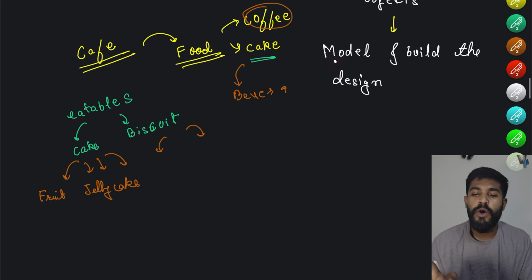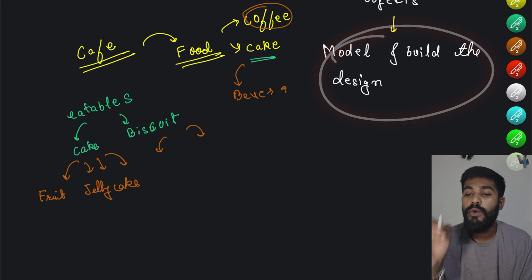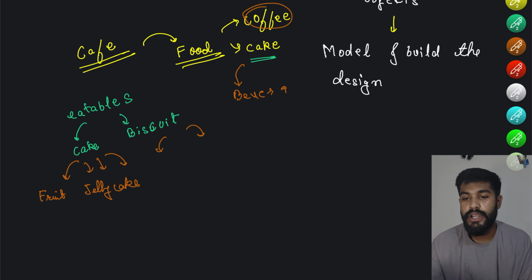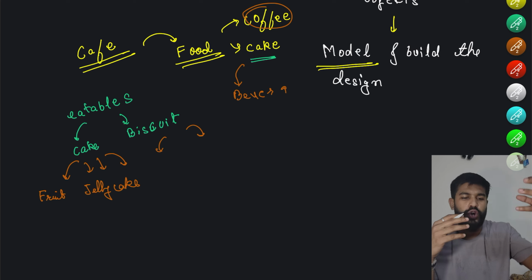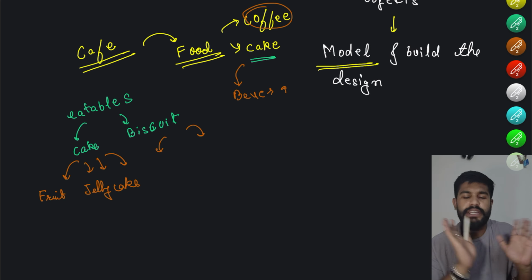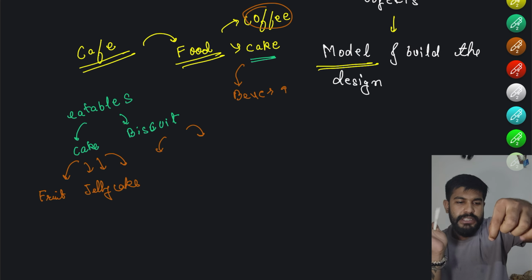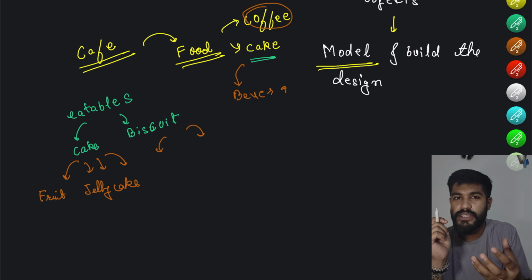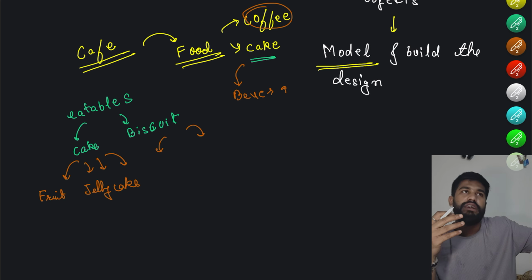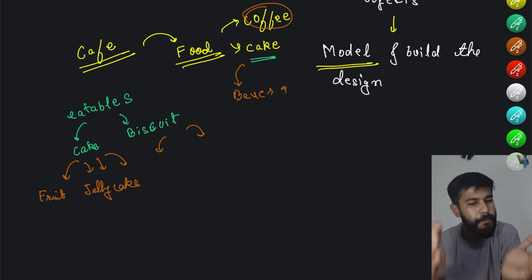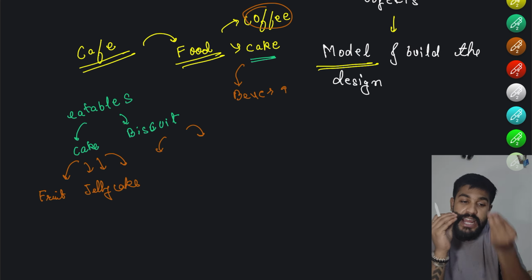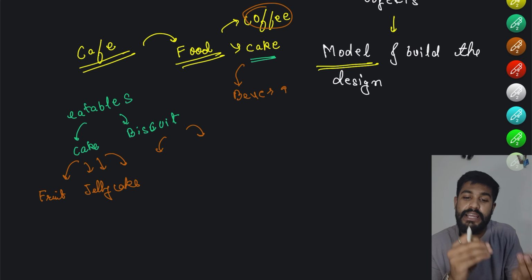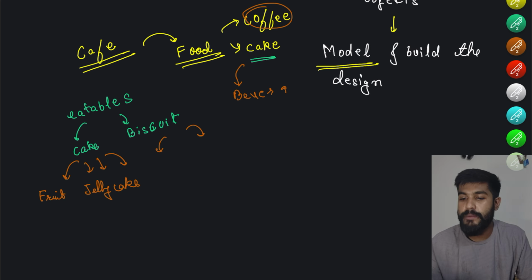Then we model and build a design. What do we mean by model at this point? Whatever you thought of, see, I made a very rough design here. If I take this design and explain it to my co-workers and stakeholders, they might not be able to comprehend the diagram the way I have it in mind. So we have a standard way to comprehend these diagrams, that is UML.